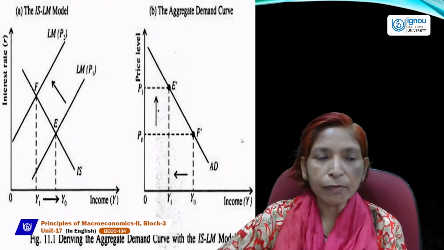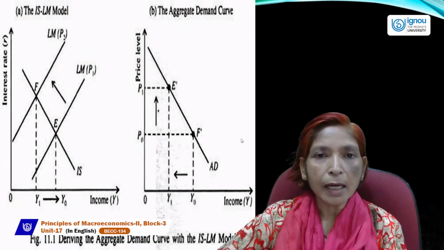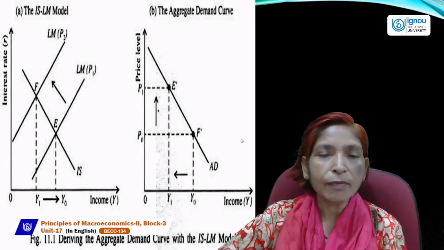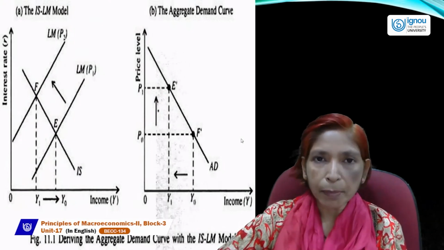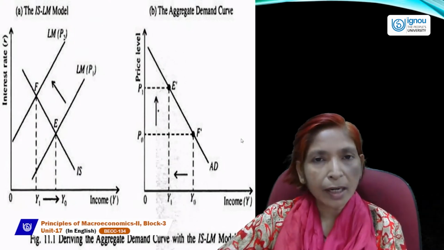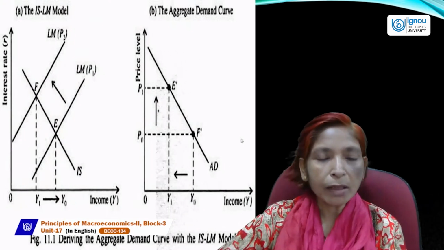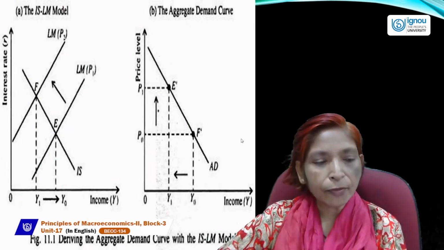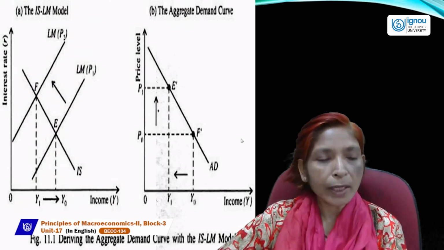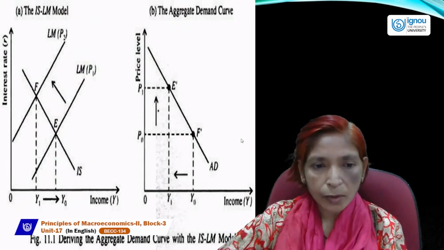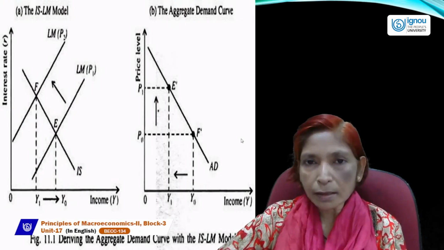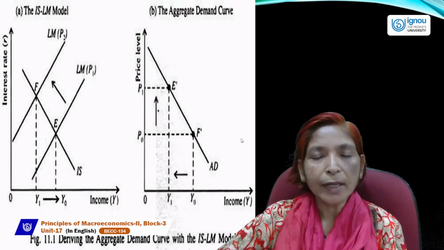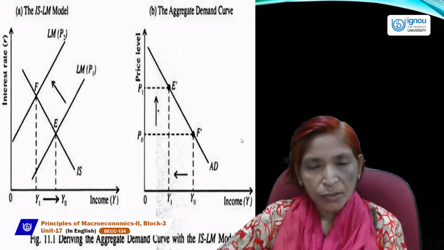If money supply falls, then the LM curve will shift to the left-hand side. And due to the fall in money supply, the rate of interest will rise and the level of income will fall. And if we join these two equilibrium points to another curve and take these two equilibrium levels of income on the other curve, then we can derive the aggregate demand curve.